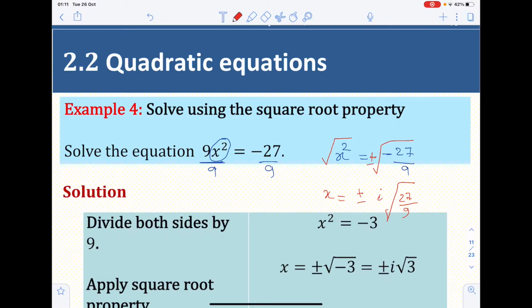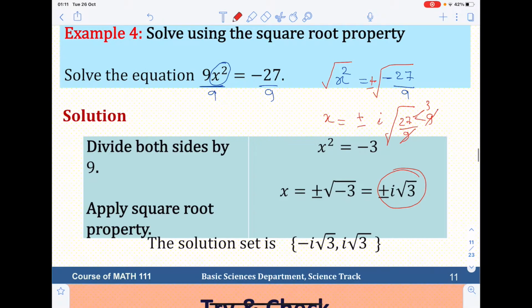Also, 27 is divisible by 9, because 27 is 3 times 9. So I'm just going to cancel this 9 with this 9, so I'm left with x equals plus or minus i times the square root of 3. So we have two solutions, negative i root 3 and i root 3.